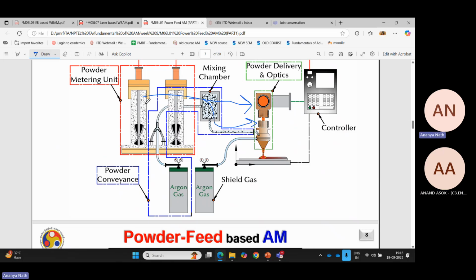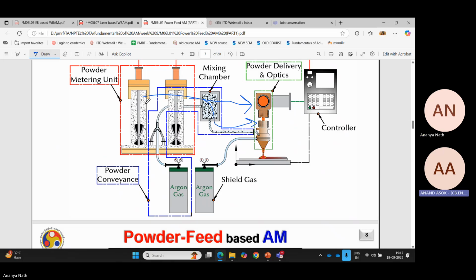But whatever the powder comes, it will come through the argon gas itself. Otherwise, the powder cannot come alone. They are loose powders. So the argon gas carries the powder. So the argon gas here is called the carrier gas. The argon gas will help in carrying the powder from the powder chamber to the mixing chamber.